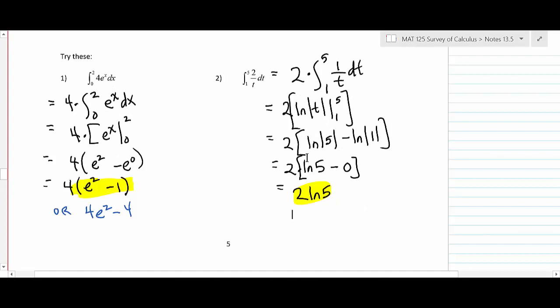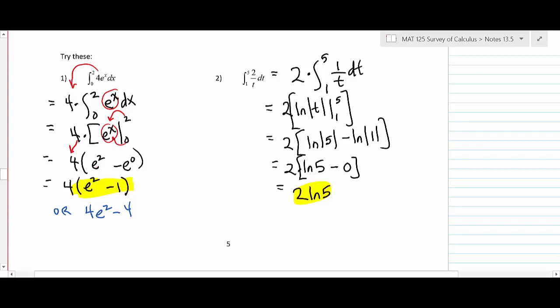So what I did on the first one is I took the 4 out. That's a good starting point. The antiderivative of e to the x is e to the x. Okay, that's it. Then you bring down the 4, and you plug in e to the second minus e to the 0. That's the fundamental theorem.